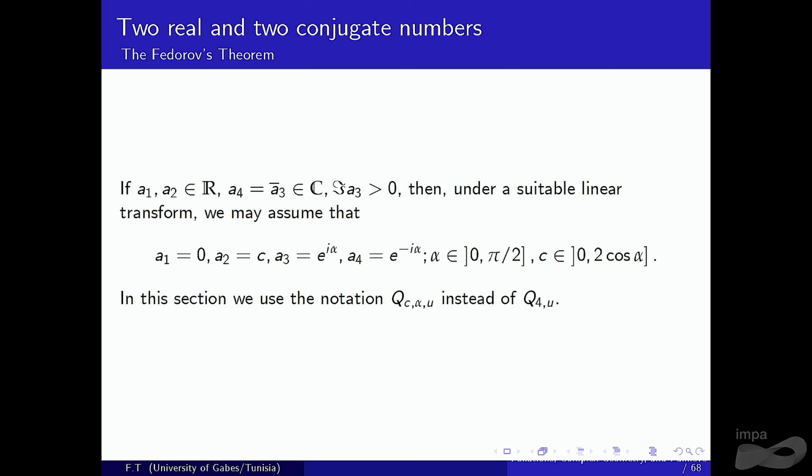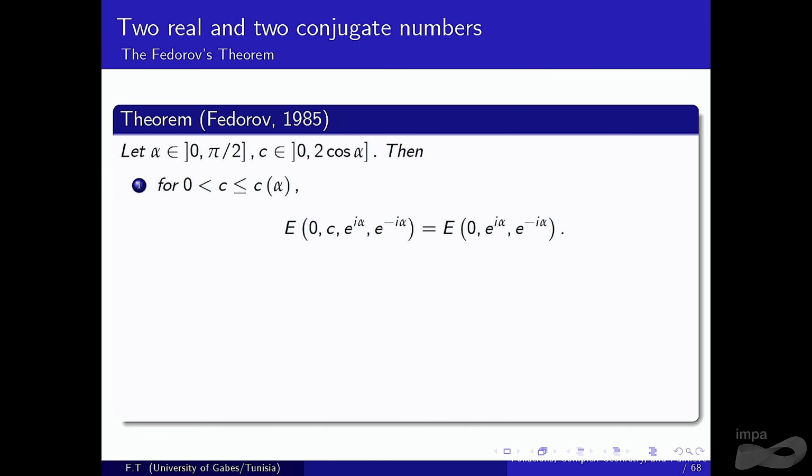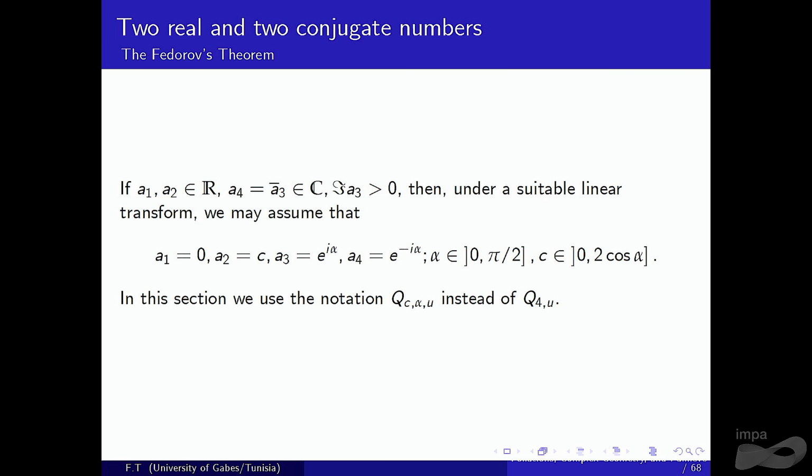Now we consider the case of two real points and two conjugate numbers. These are Fedorov's theorems. Under a suitable linear change of variable, we may assume that these points are 0 and C and exponential plus or minus I alpha, where alpha belongs to the interval 0 to pi over 2, and C belongs to the interval 0 to 2 cosine alpha.